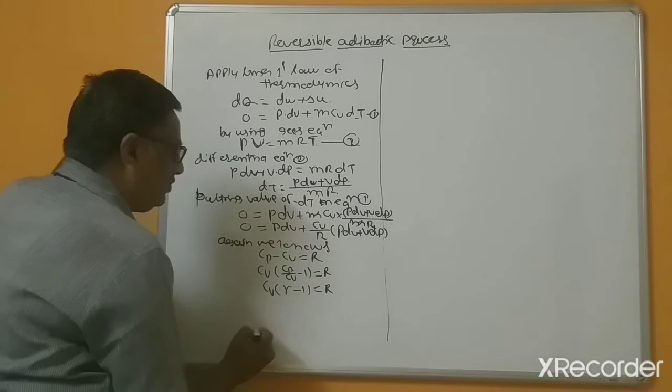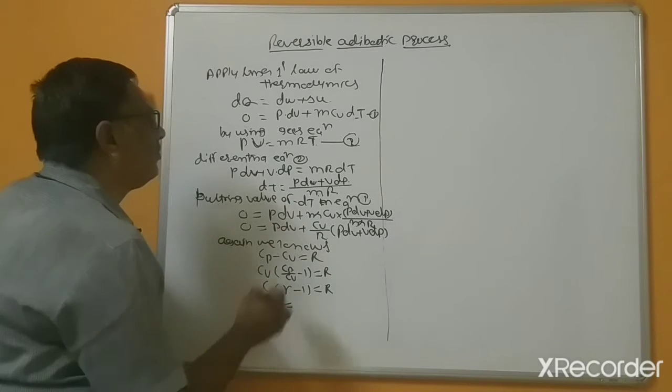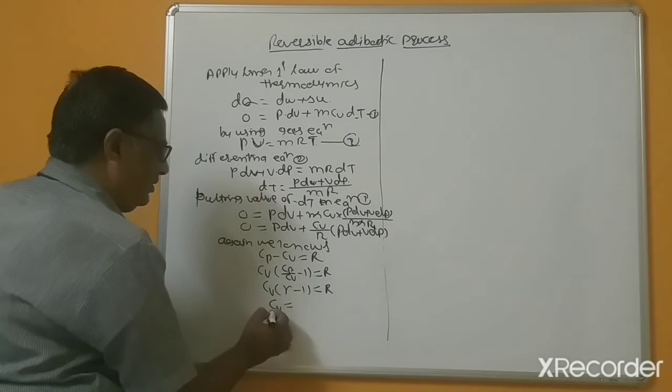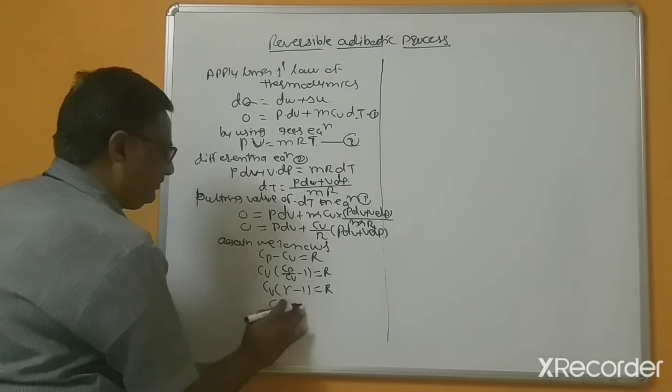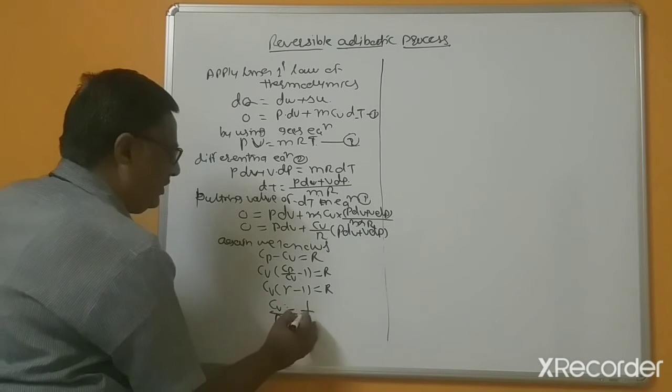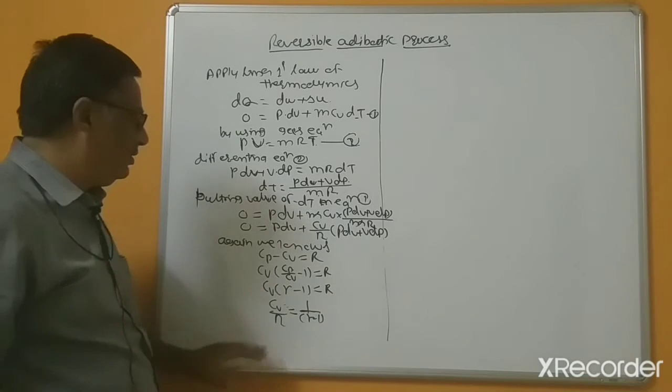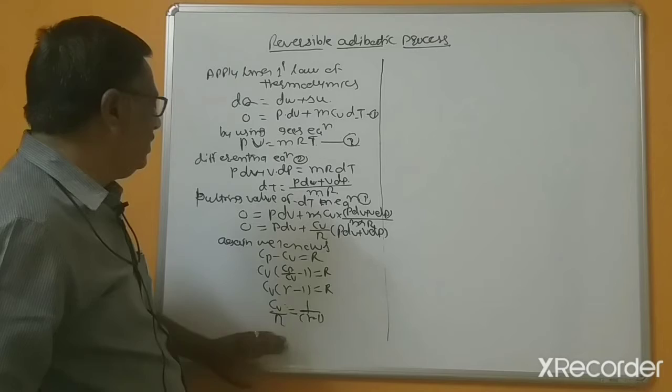So Cv divided by R equals 1 divided by gamma minus 1.